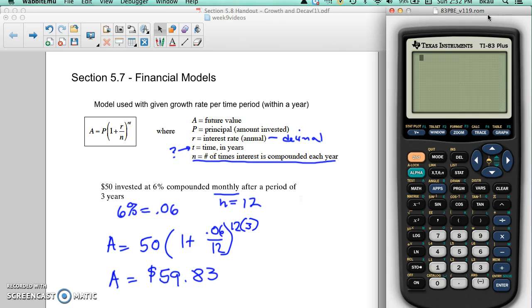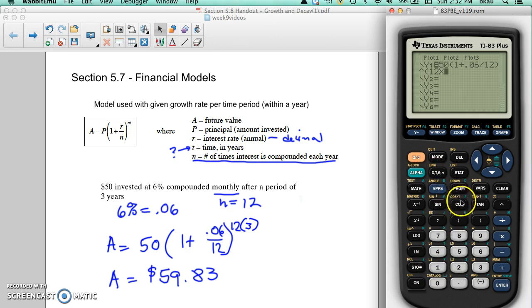So let's take a look at the graph of this and see if we can verify on the graph this problem that gives us the $59. So if we were just to graph this problem, well, let's turn it on, and there we go. 50 parentheses 1 plus 0.06 divided by 12 raised to the power of 12x.